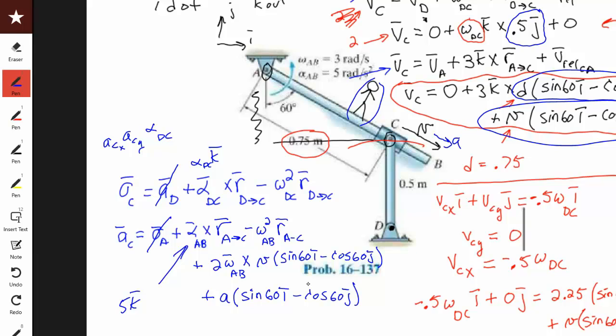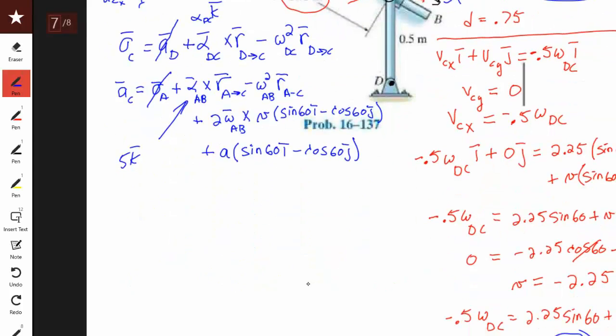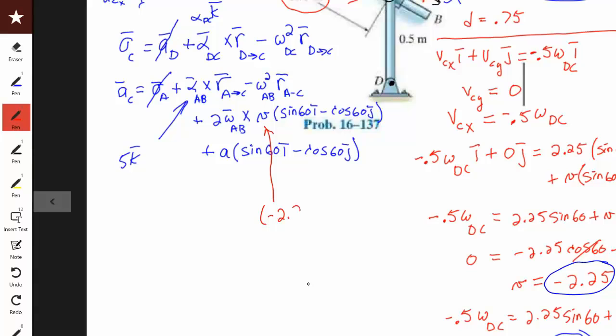So if you're careful and neat, you can just copy that back over here so you know the R. The D I know. Okay, the omega AB, that's given. That's equal to 3, so I can plug in there. The V, what am I going to plug in for little v? I've got it right here. So what I'm going to do is put in right here, let me change the color, a minus 2.25.